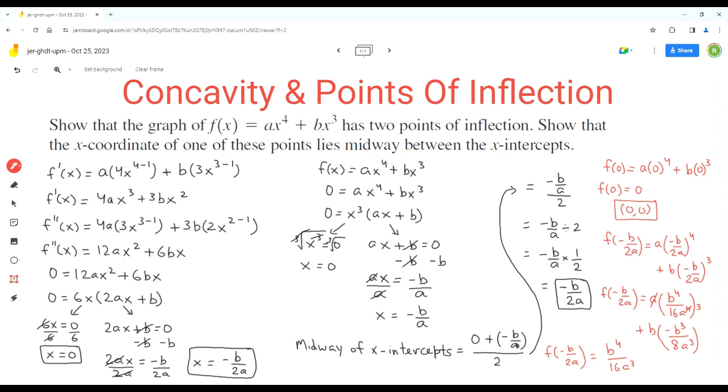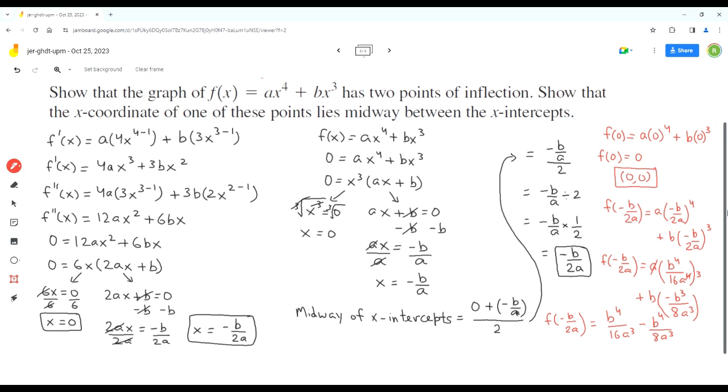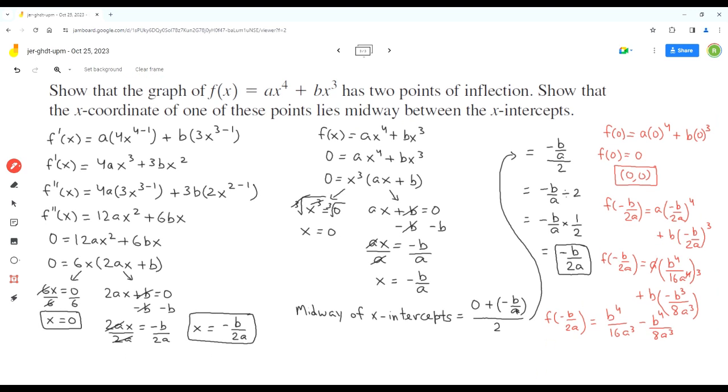And now in the second part, b times negative b cube over 8a cube will be equal to negative b exponent 4 over 8a cube. Now we have to combine these fractions. So we'll have to find a common denominator. So for the common denominator, which will be 16a cube, we'll have to multiply the second fraction by 2 in the numerator and the denominator.